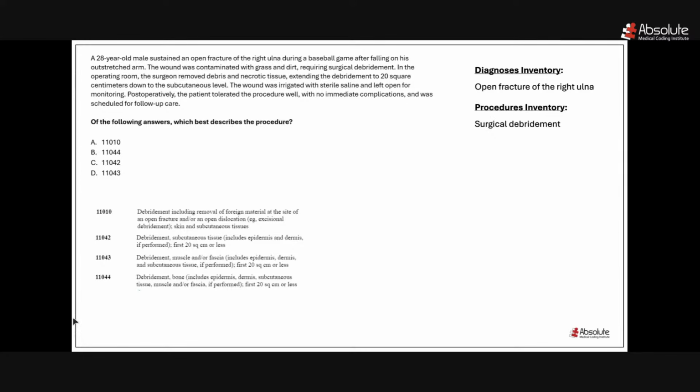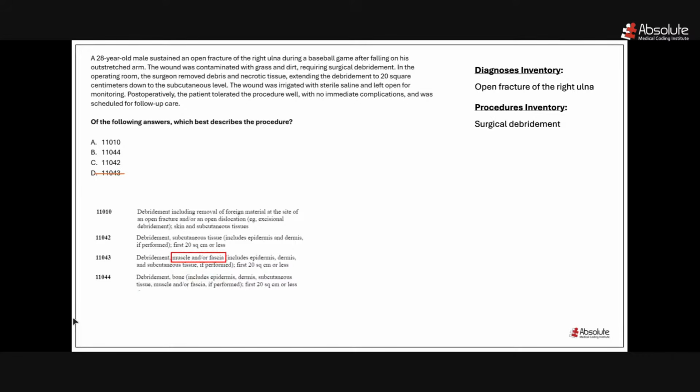Answers are changing once again. Great. You all are grasping the guidelines and changing the answer. So that's very good. Okay. So debridement in this scenario was performed at an open fracture. Yes, that was your site. We had an open fracture of the right ulna, and debridement was performed at the site of an open fracture.